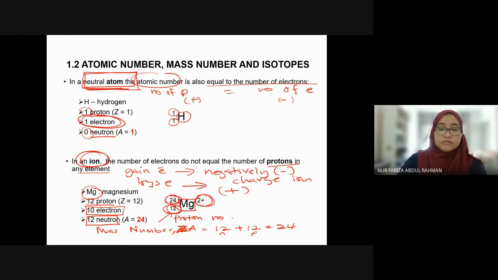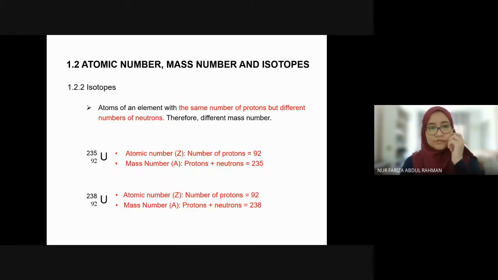Do not forget the charge. To represent an ion, you need to have the charge. So the charge is equal to positive 2. Why is it positive 2? Because the electron is no longer the same as proton. If it's neutral, then it should be the same. Now it has a lack of 2 electrons. So the 2 plus represents that the electrons have been removed from the atom. Okay, isotopes.